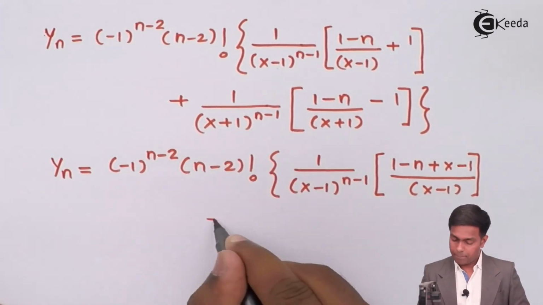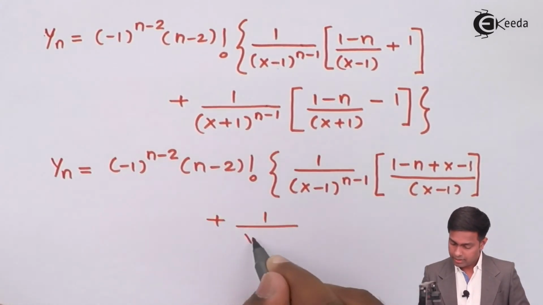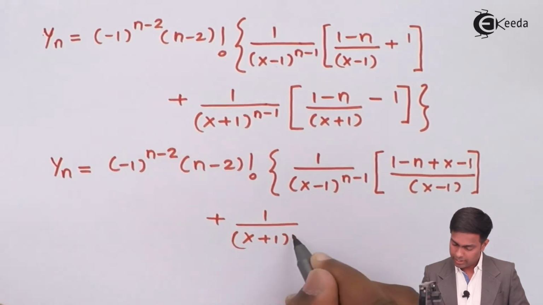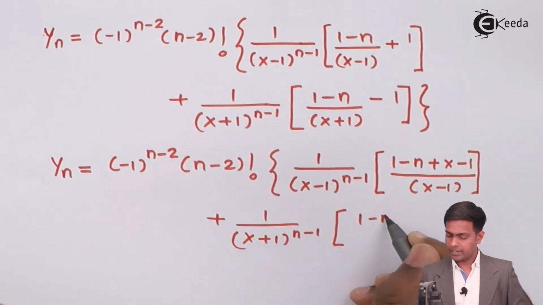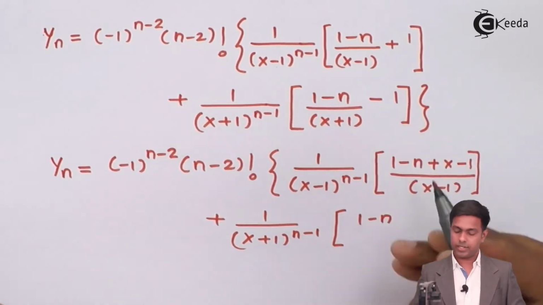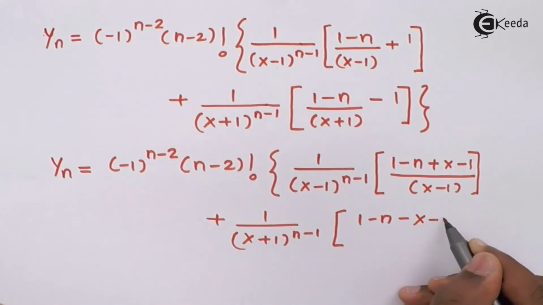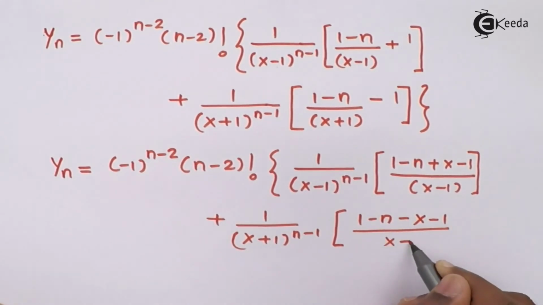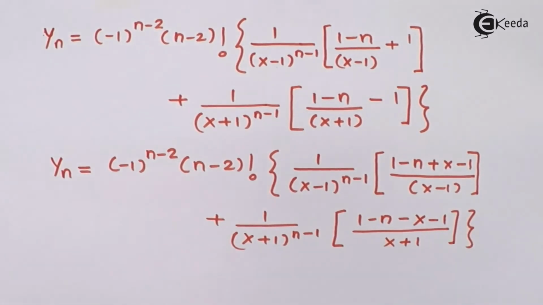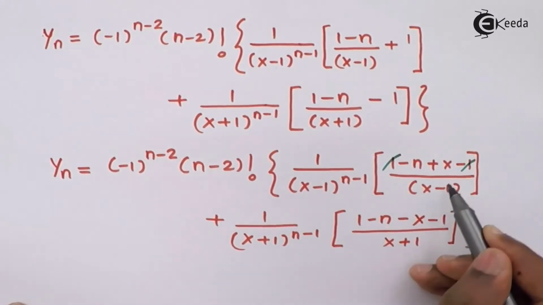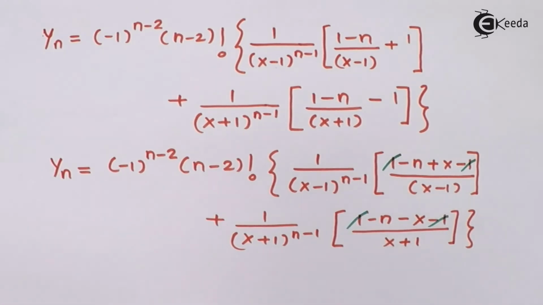Here we'll get plus 1 upon (x plus 1) raised to n minus 1, in bracket 1 minus n, and minus 1 into this is minus (x minus 1) upon (x plus 1). Now guys, here we can cancel 1 with 1 and here 1 with 1.